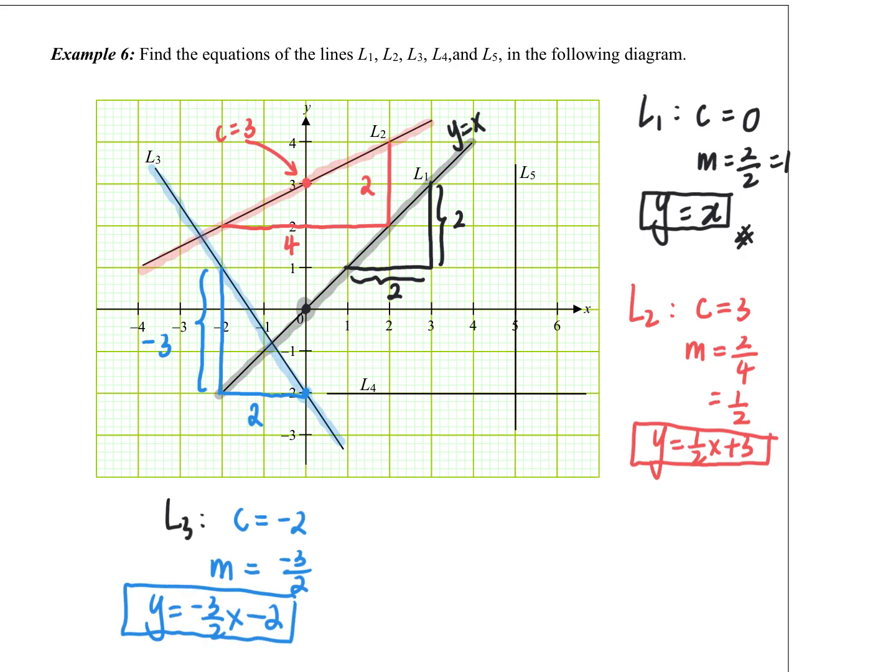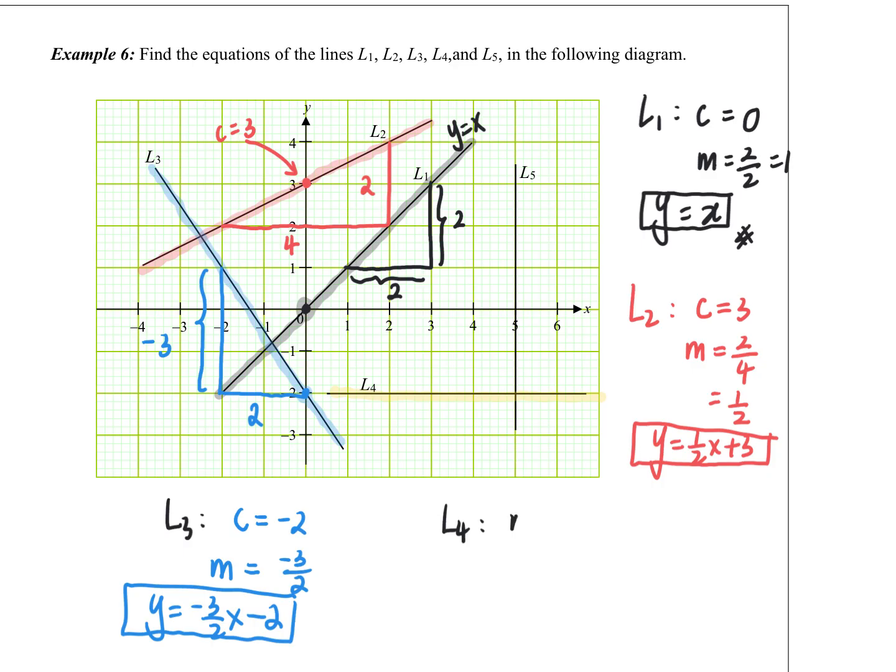Last one, L4. Where is L4? This one. Yeah. Because it's downward sloping. Wait, Miss Wong. When it slopes downward, the rise is negative rise. It's going down. Yes. Which one? L4 is here. Then there's another line. So L4 is a horizontal line.